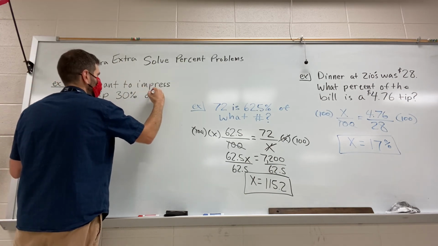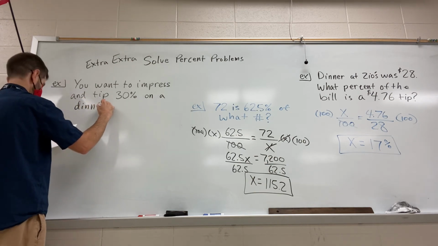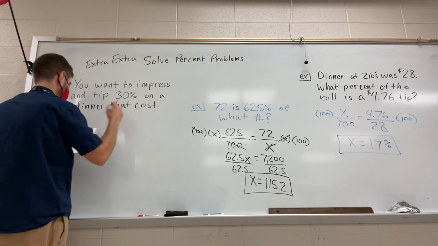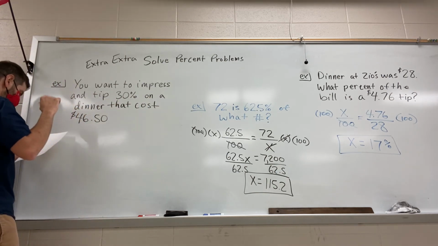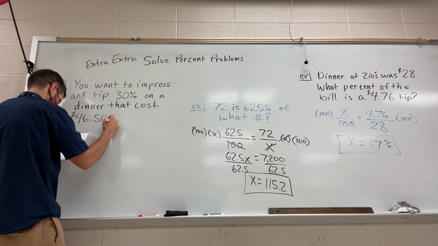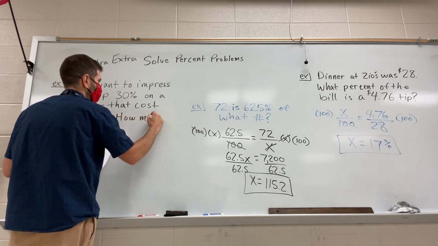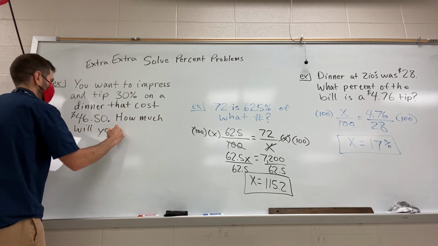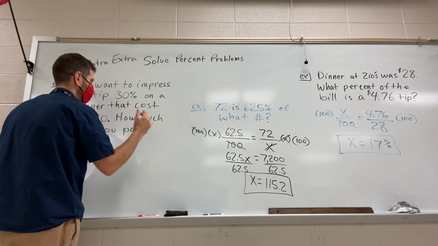On a dinner that cost $46.50. All right, talking a little bit of money here, aren't we? My goodness. And now the question is, how much will you pay? Okay. How much will you pay?